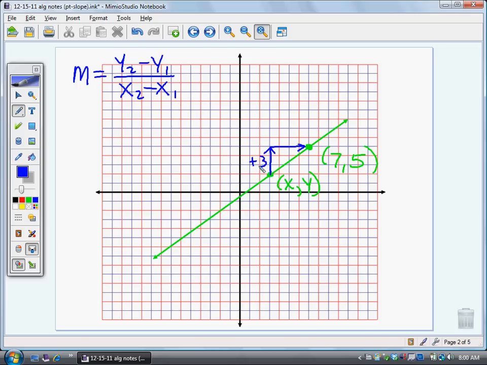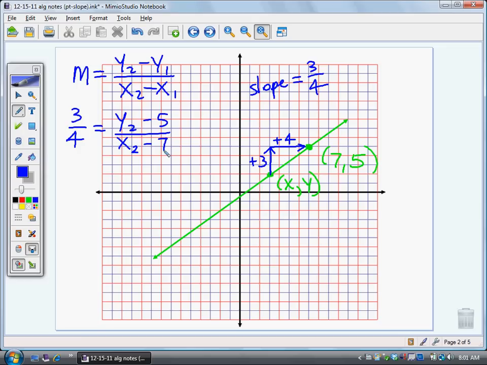It has a rise of 3 and a run of 4. So the slope is equal to 3/4. So I will put 3/4 in for m, and I will put in the point (7, 5) for x sub 1 and y sub 1.